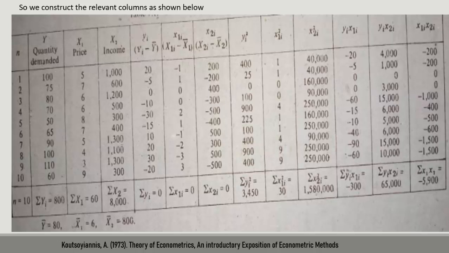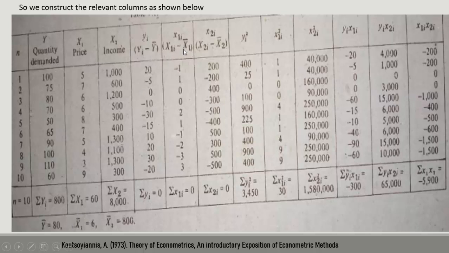Similarly, we can construct the column for small x1, deviated x1, and it is equal to x1 minus x1 bar. We have calculated x1 bar, which is 6.